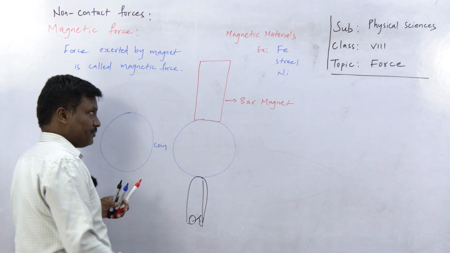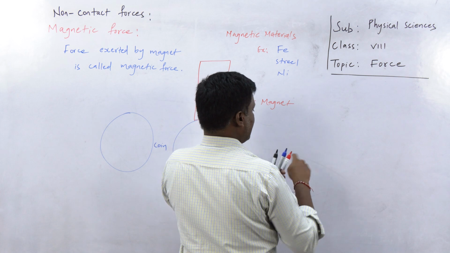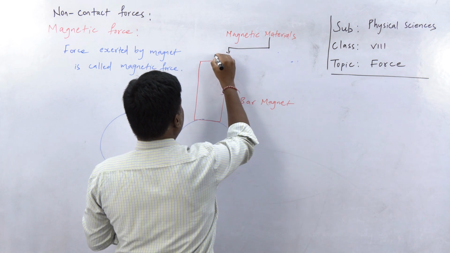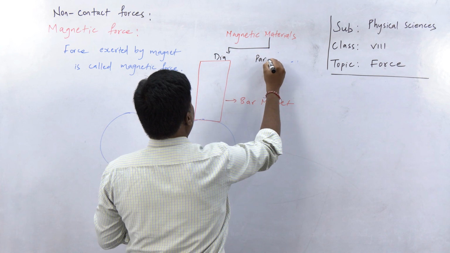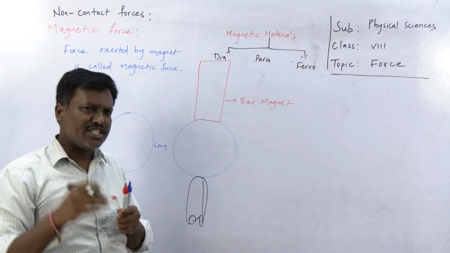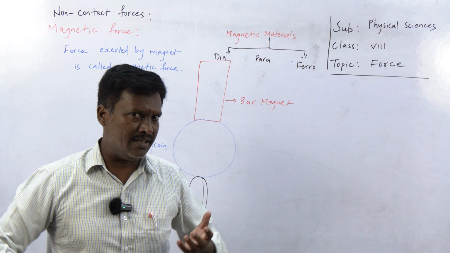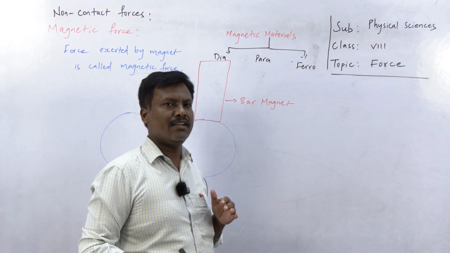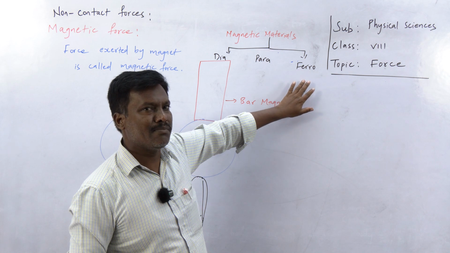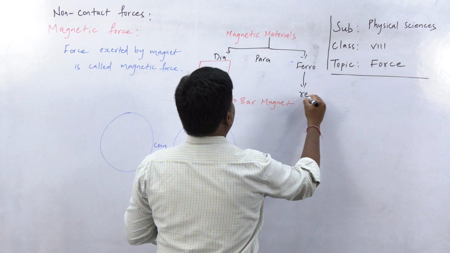So here we are talking about ferromagnetic substances. Magnetic materials are divided into three categories: one is dia, another is para, and the third is ferro. In this experiment, the magnets which we used are not natural magnets, which are available under the Earth's crust. They are man-made, artificial, ferromagnetic materials. Ferromagnetic materials have a special property called retentivity.